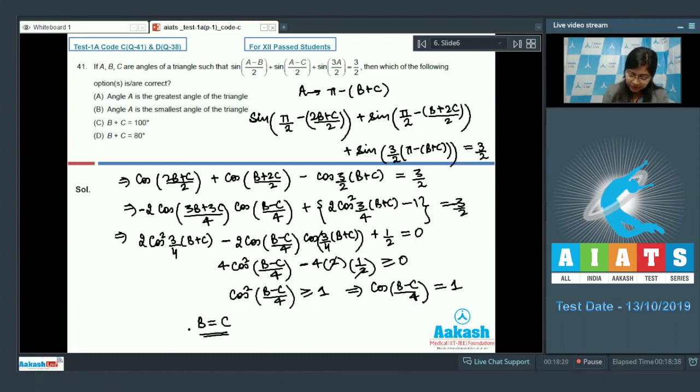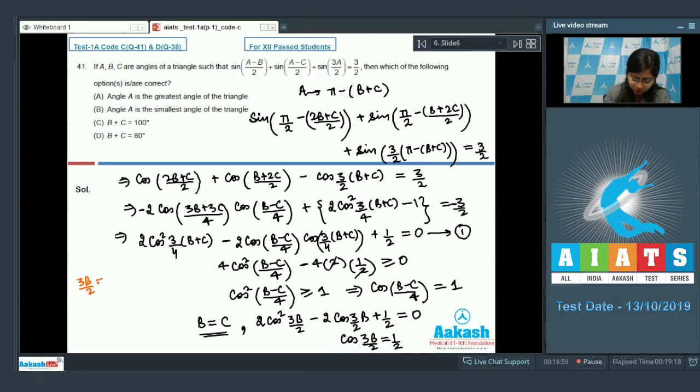Now, putting B equal to C in equation number 1, we will get 2 times cos square 3/4 into 2B, that is 3B/2, minus 2 times cos of 3B/2 plus half equal to 0. From here we will get cos 3B/2 equal to half, which means 3B/2 is equal to pi/3.